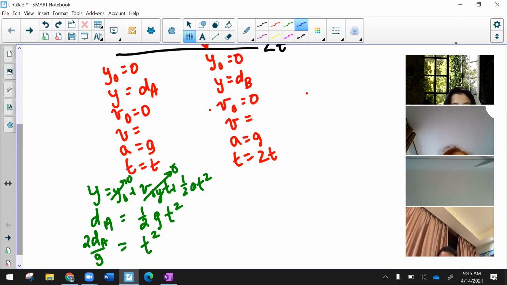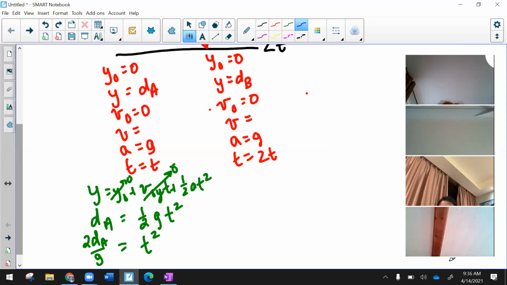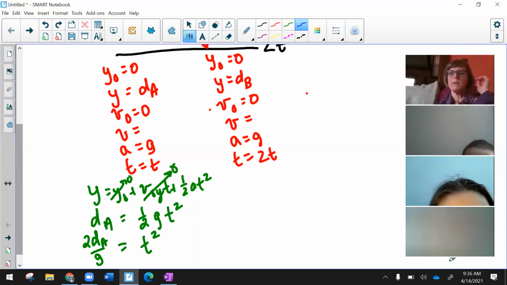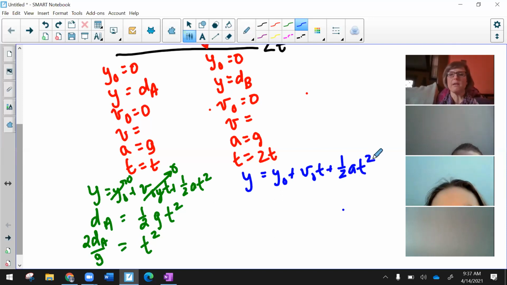Does that make sense? Understand where that's coming from? Dagny, I've lost you. Yeah, that makes sense. And then I can do the same thing for object B. I've got y is equal to y0 plus v0t plus 1/2 at squared. And again, it starts at y equals 0.